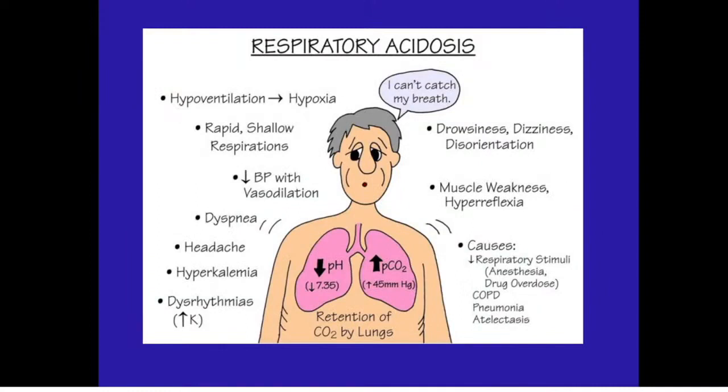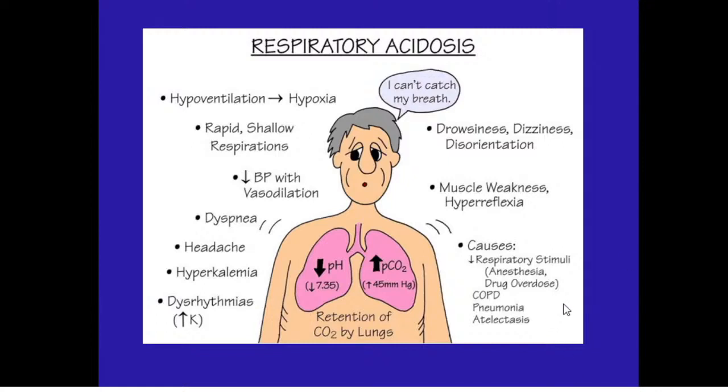Respiratory acidosis is usually caused by rapid shallow respiration, hypoventilation of the lungs, which will cause hypoxia, a decreased level of oxygen, and a rapid increase of acidic equivalents due to the increase of the partial pressure of carbon dioxide. Carbon dioxide will be retained by the lungs, and this will lead to this state.